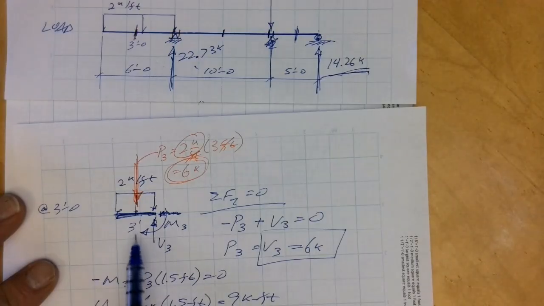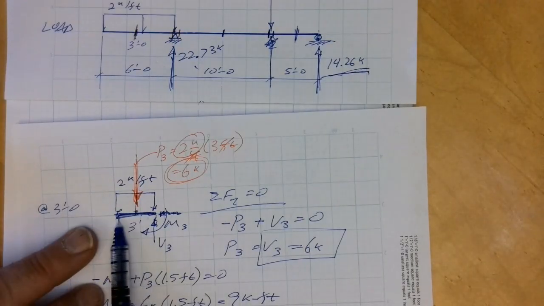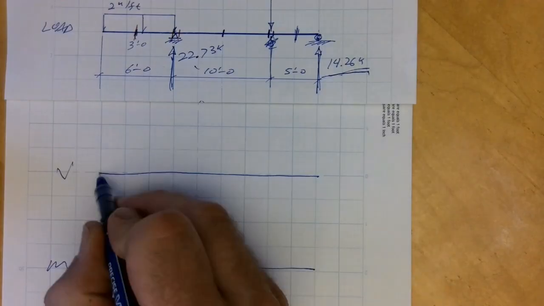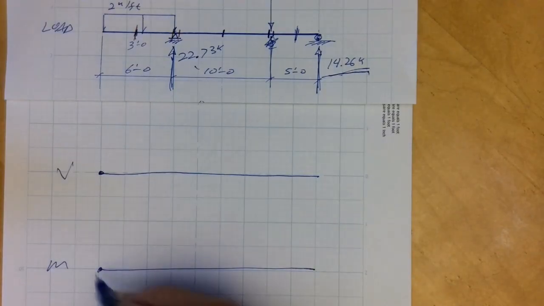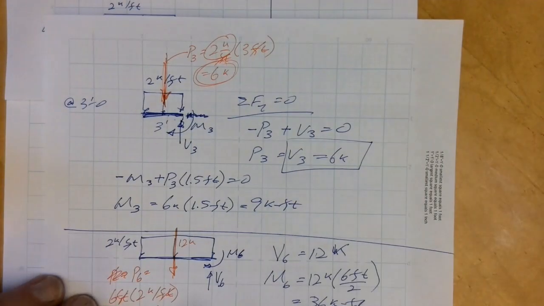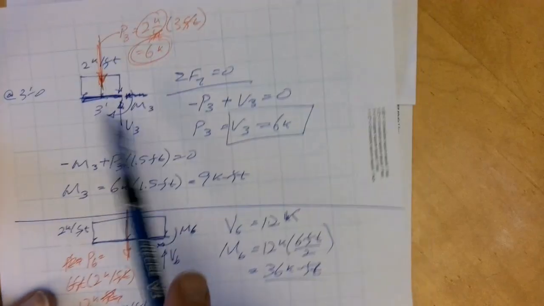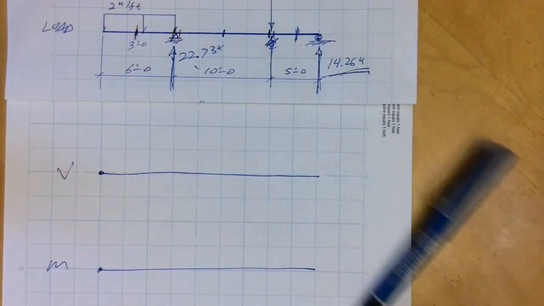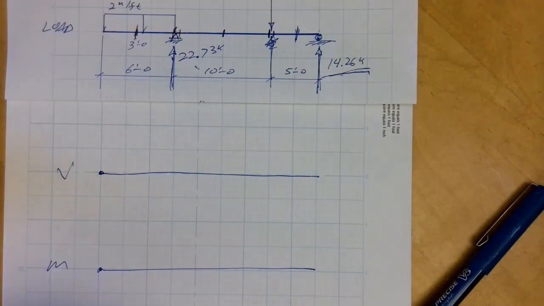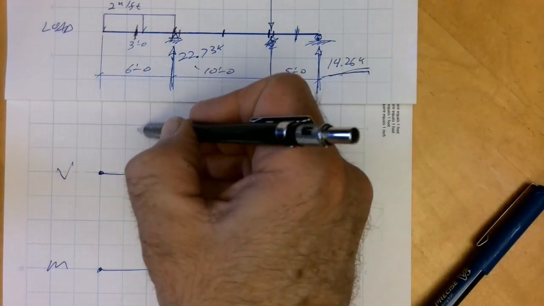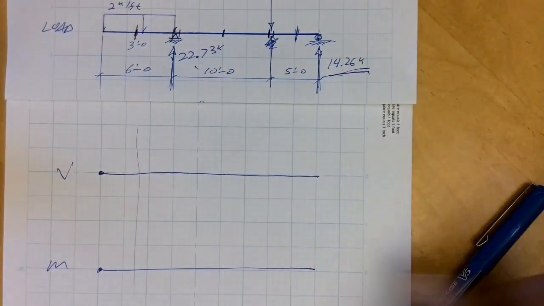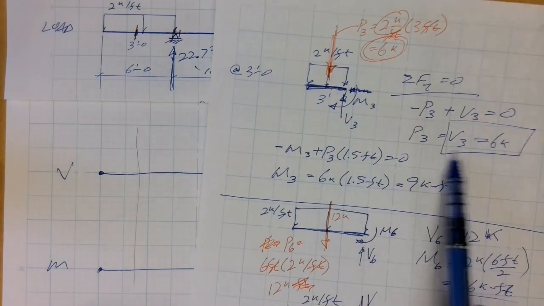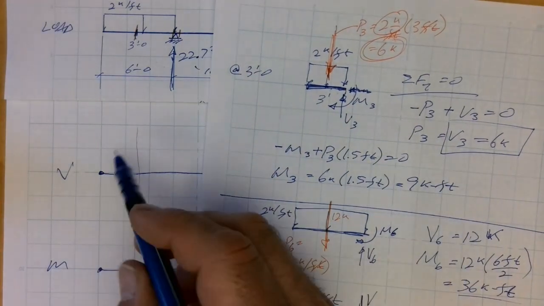So I come here to my first free body diagram. We talked about this being 0 moment, 0 shear, so I'm starting here for both of these. Then I go 3 feet over, so I come over to about there, and we just calculated our shear is 6 kips.